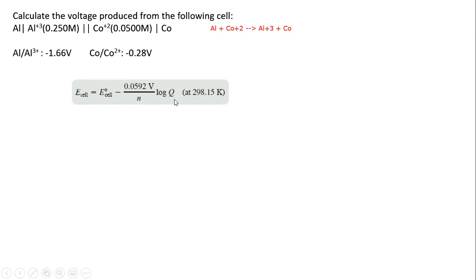And Q is the quotient based on the concentrations of reactants and products. So we know that aluminum is being oxidized because in this shorthand cell notation, what's on the left is what we refer to as the anode side, and the right is the cathode. So the anode is where oxidation occurs, the cathode is where reduction occurs. So we know that aluminum is being oxidized, cobalt 2 plus is being reduced.